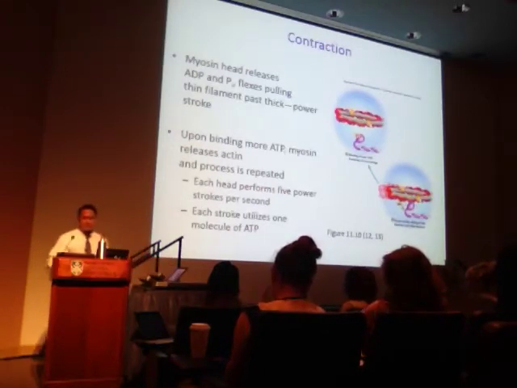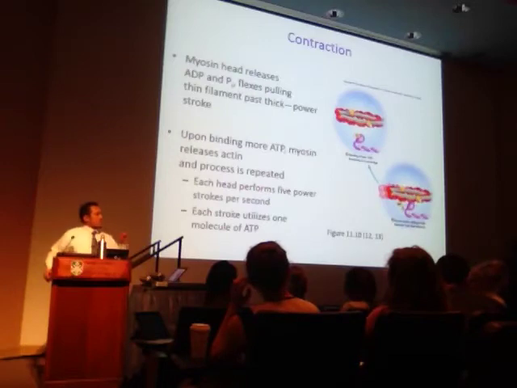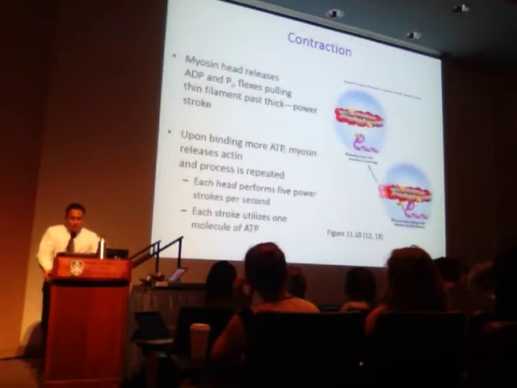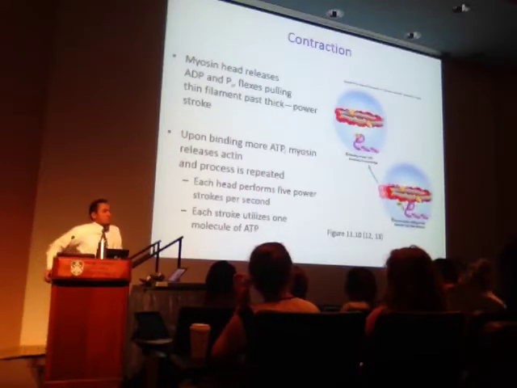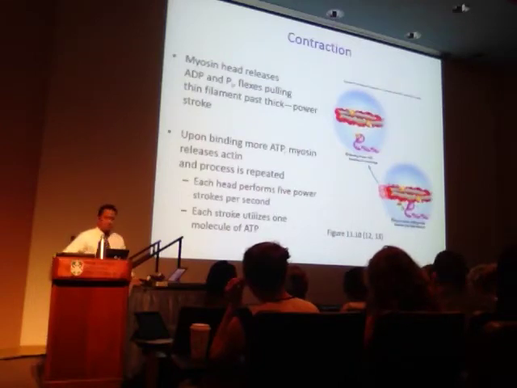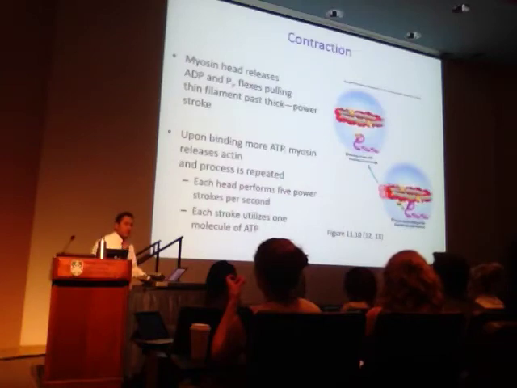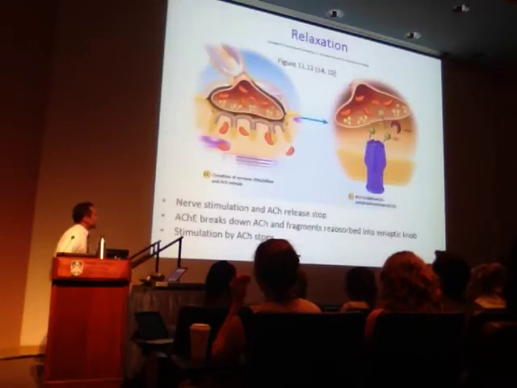But it still has actin and myosin. Okay, so this activity is about 5 power strokes per second. That's how quickly this takes place. Each power stroke is going to use one molecule of ATP. Okay? Well, we're not done yet with the cycle, and then I want to show you another drawing when we're done.